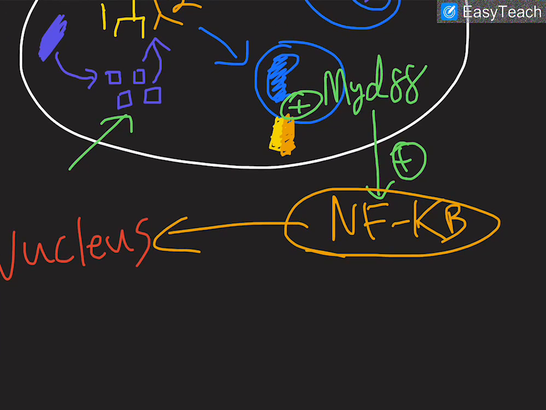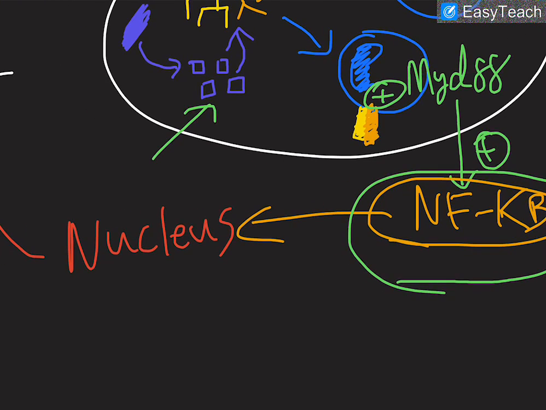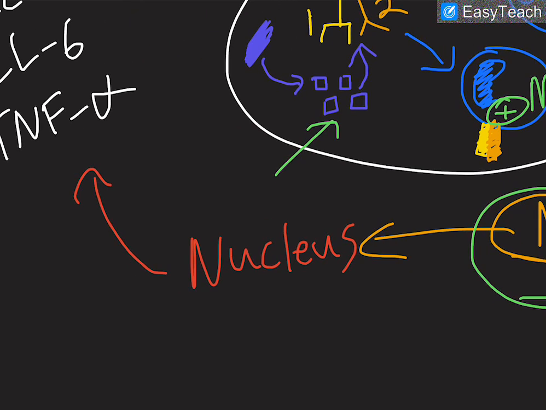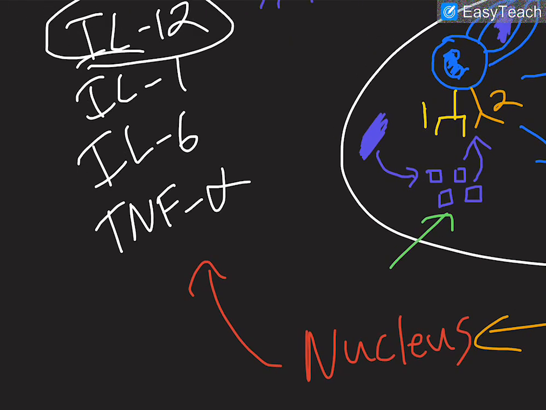MyD88 activation leads to the activation of nuclear factor kappa B. Then nuclear factor kappa B goes into your nucleus and induces gene expression.